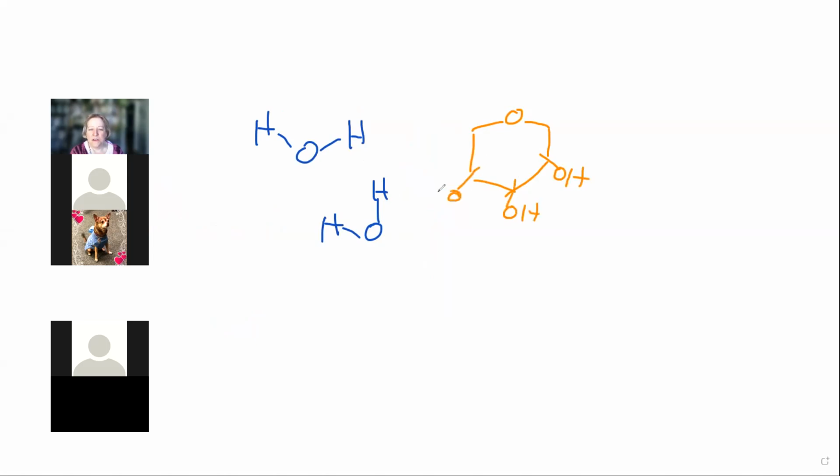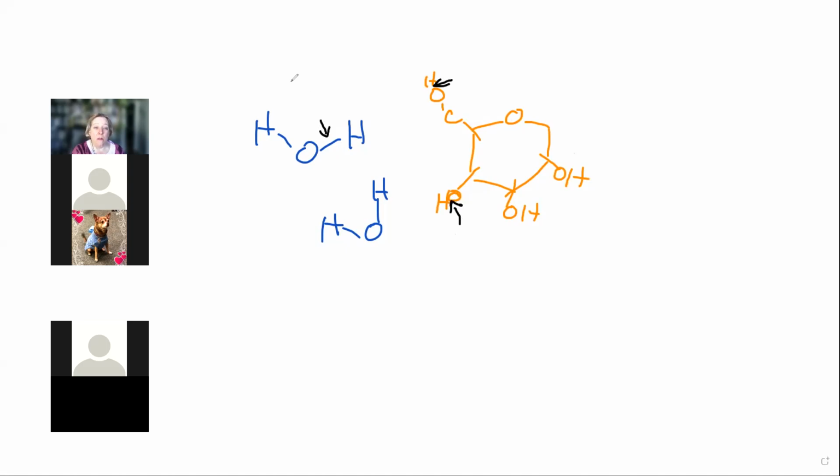And I don't remember if the OH goes up or down. Okay. So these bonds here and here. Okay. Well, actually not there. Let me get rid of that. That is incorrect. And the bond I didn't show here. Okay.